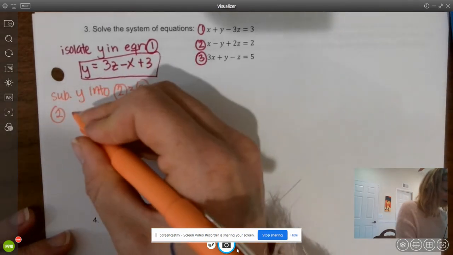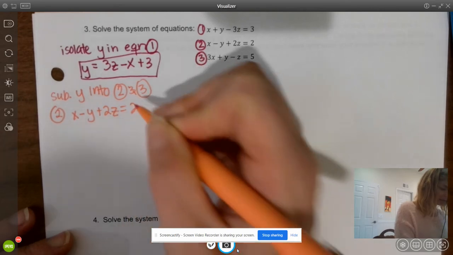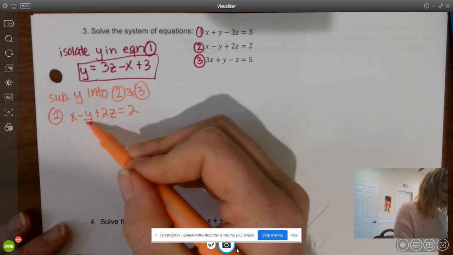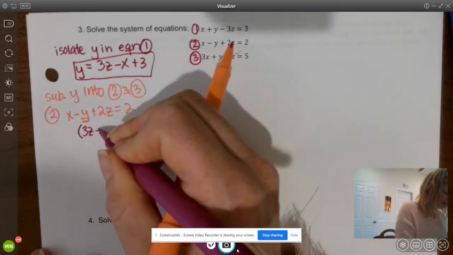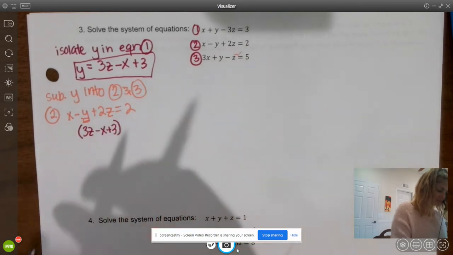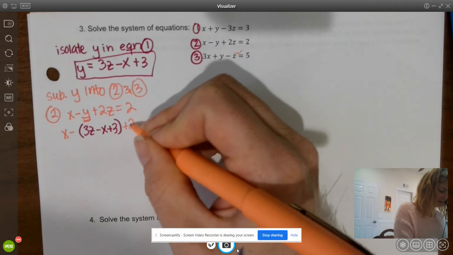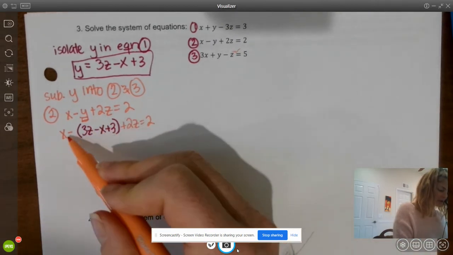So equation 2 is x minus y plus 2z is equal to 2. Okay, so from here, remember this is the y value. The y value is 3z minus x plus 3. So x minus the y value plus 2z is equal to 2. From here, I'm going to distribute this negative.